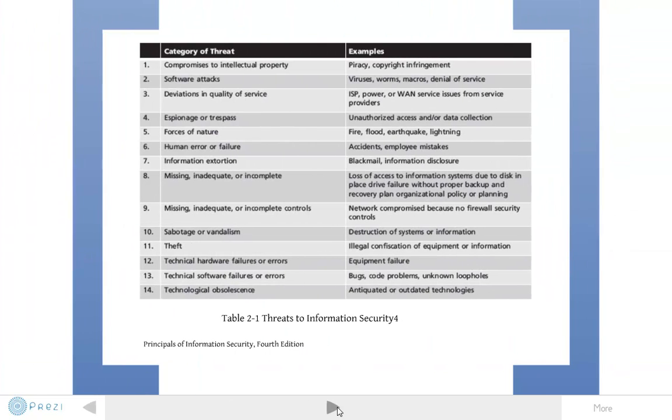All right, so here are some of the threats. Compromises to intellectual property, for example, piracy and copyright infringement. A lot of times this happens and people don't even know they're doing it. Here in the academic environment, we have a little bit of freedom. I can copy and paste a paragraph from a book, and as long as I provide the source, we might be okay.